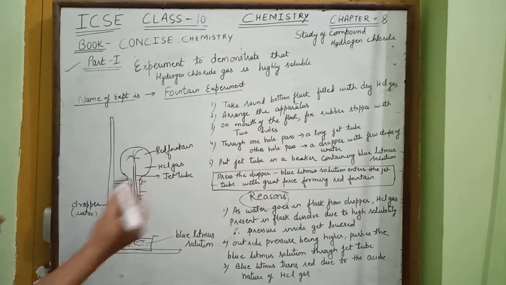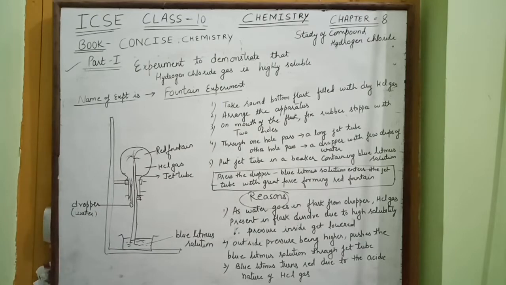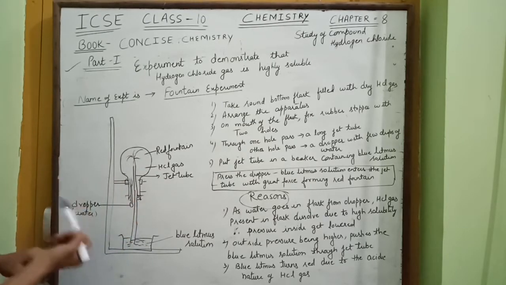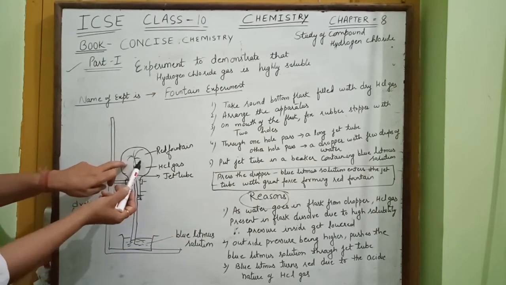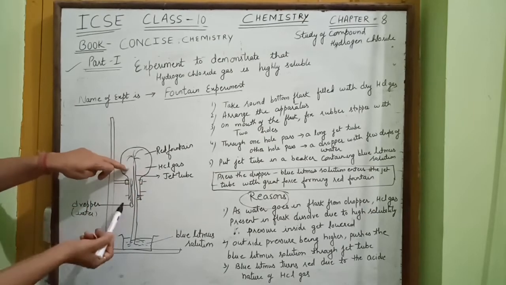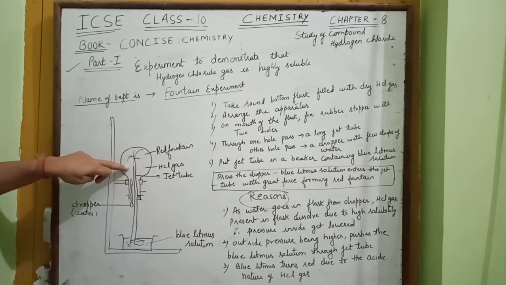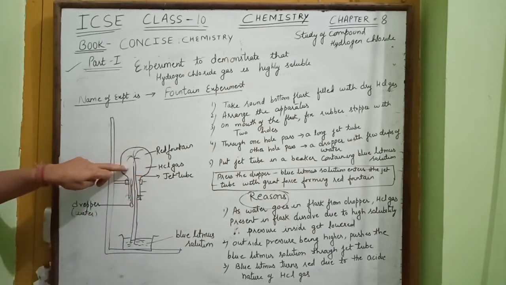And now, what is the reason behind it? How does the formation of the fountain take place? As the water enters this flask from the dropper, the hydrogen chloride gas present in this flask gets dissolved in the water, and the pressure inside this flask is lowered.